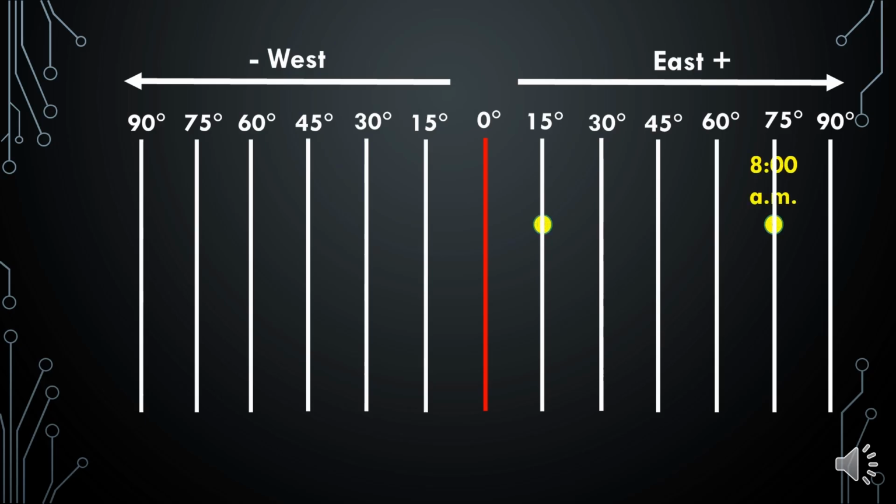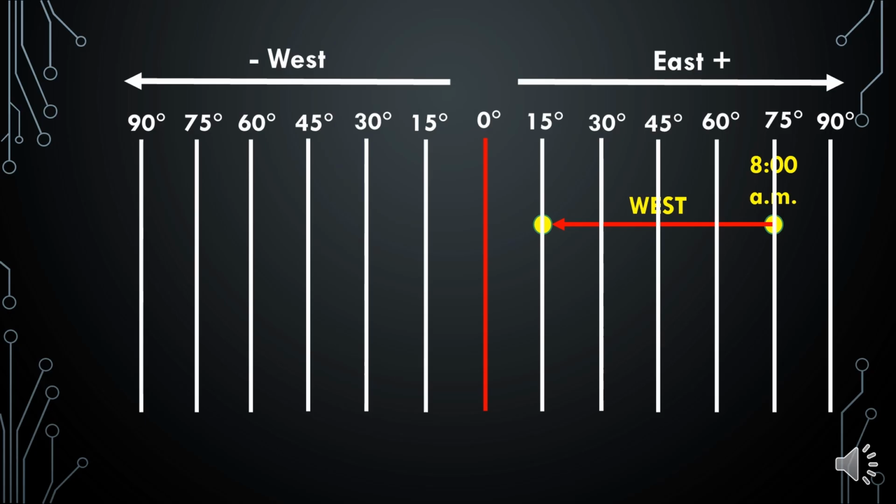Here on our diagram, we have the time at 75 degrees east. We want to know what time it is at 15 degrees east. 15 degrees east is located west of 75 degrees east. Now, because we're moving west from 75 degrees east to 15 degrees east, it means that we are going in a westerly direction and we are losing time.